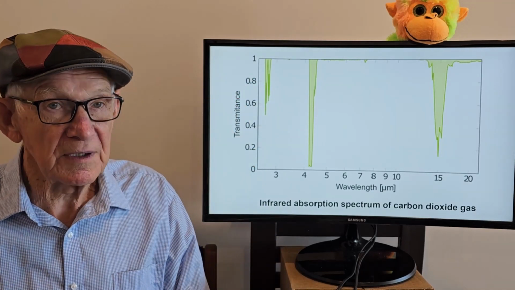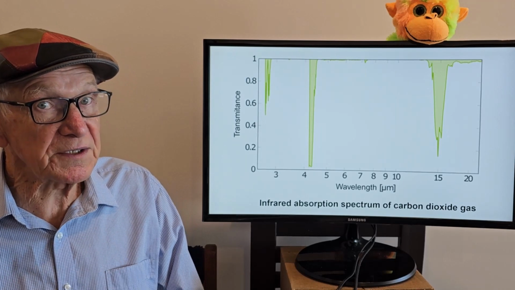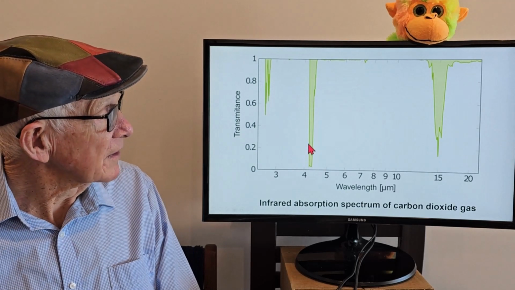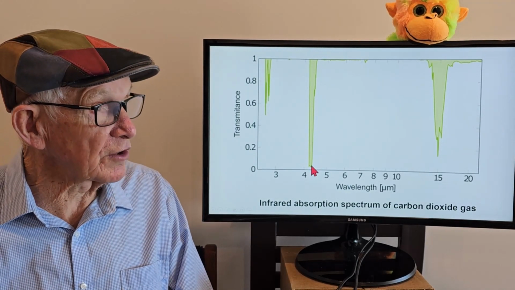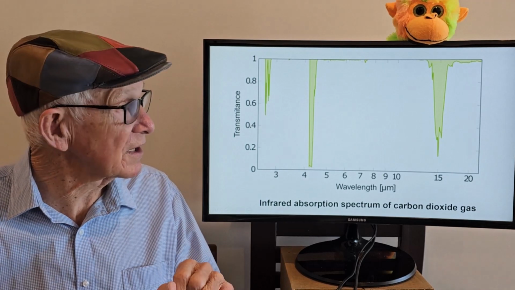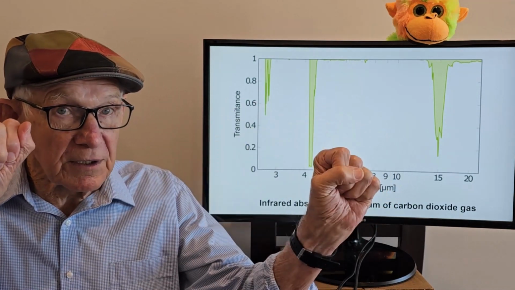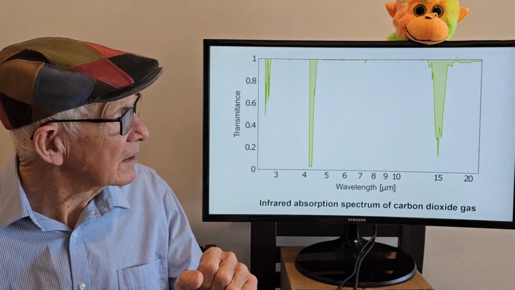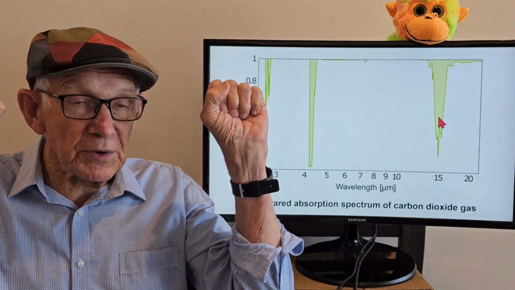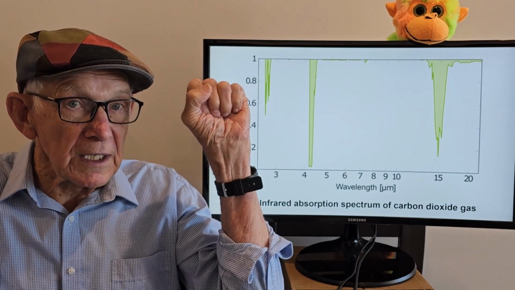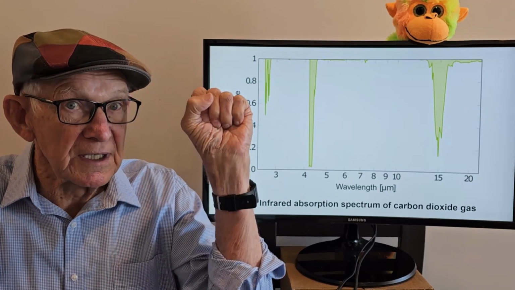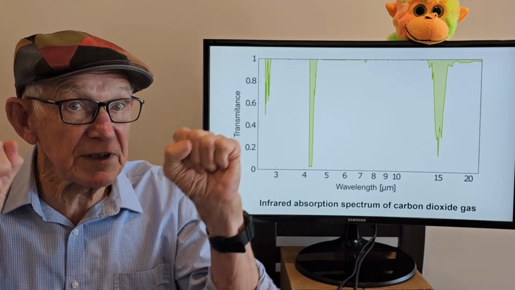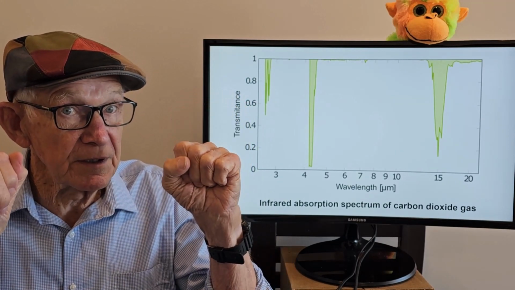And each one of those has quantized energy levels, and the gaps are different. So in fact, this particular peak is the result of transitions between quantized levels of antisymmetric vibration of carbon dioxide. This one is transitions between bending excitation levels. The gaps are different, and so the photons that it selectively absorbs are different.